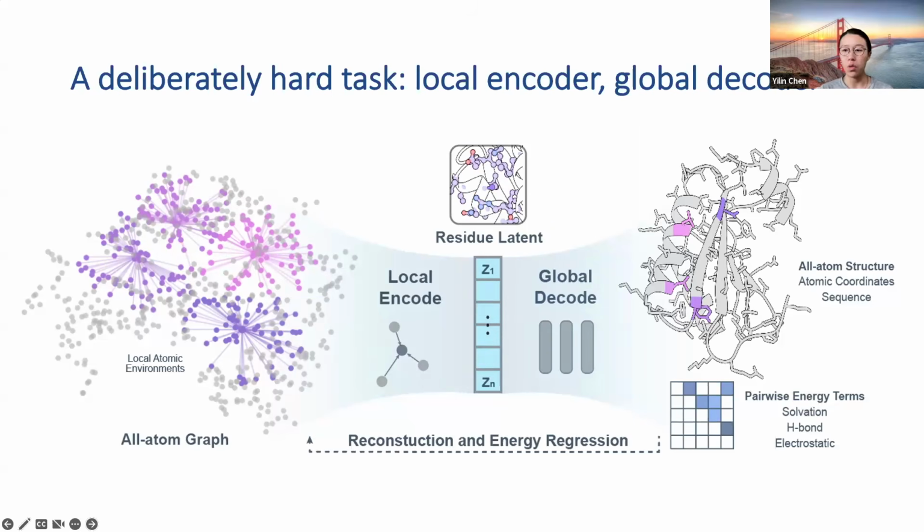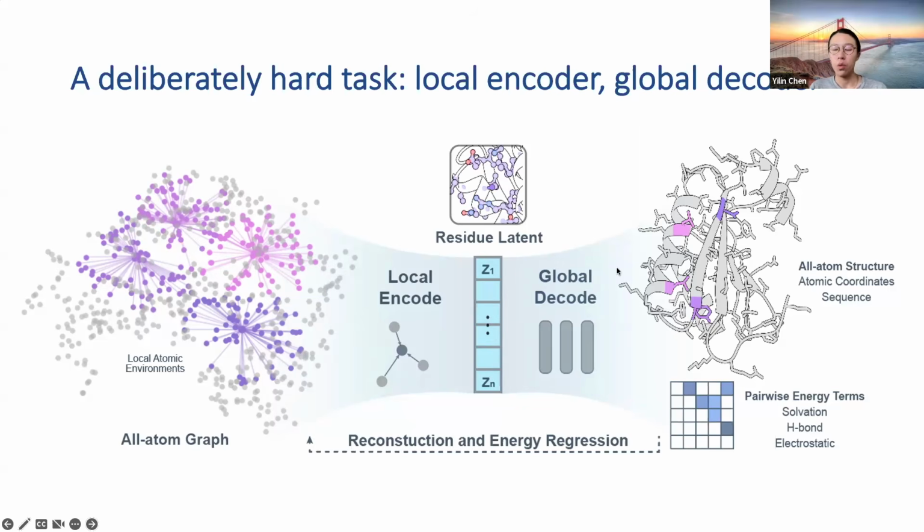It has a local encoder, which only sees what's within the local neighborhood of each atom, and the encoder needs to reason within these neighborhoods only on information that's chemically and physically reasonable: atom type, distance, and orientation. Then this gets boiled down, or max-pooled, into each residue. So now the residue token is a combination of what the atomic environments are, and this is our information bottleneck.